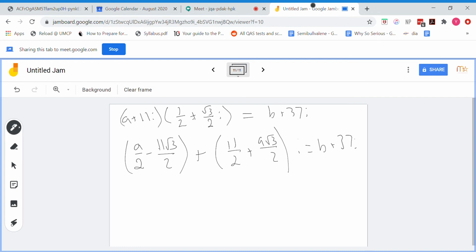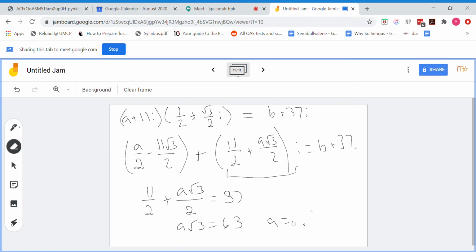Very simple now, just match the imaginary and the real parts. So 11 halves plus a root 3 over 2 equals 37. And so we get a root 3 equals 63, and so a equals 21 root 3. There we go.